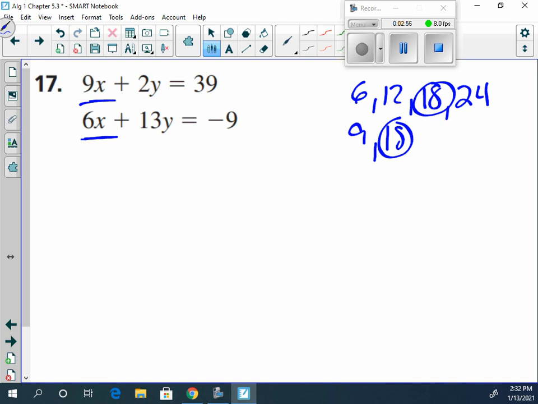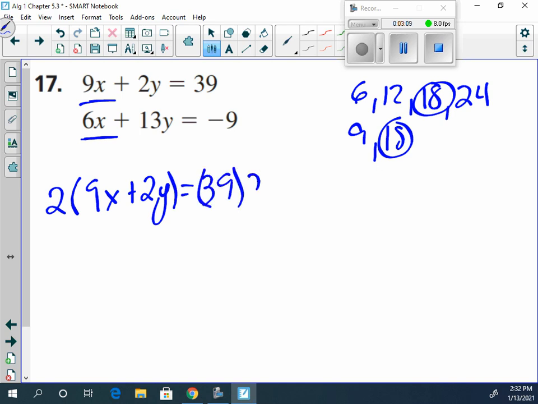So what do I need to multiply 9 by to get it to be 18? 2. So what I can do is take that entire equation and multiply everything by 2. Let's see what we get.